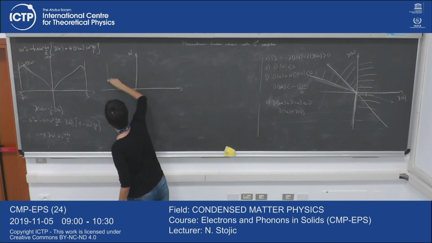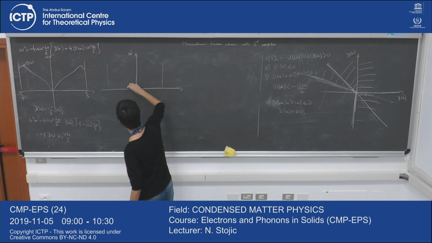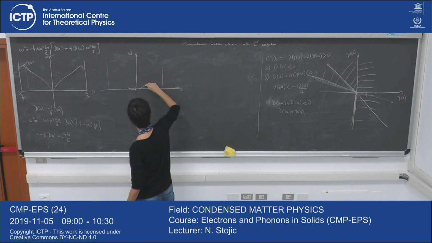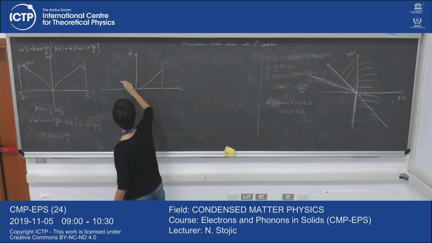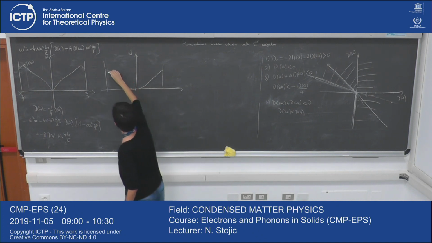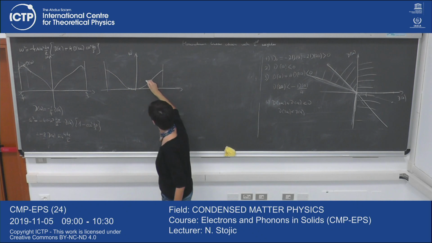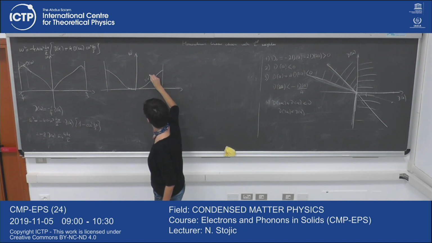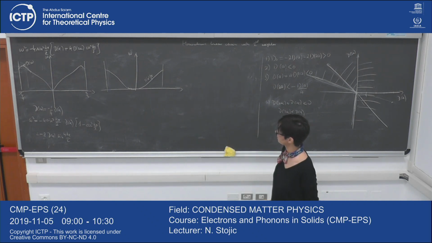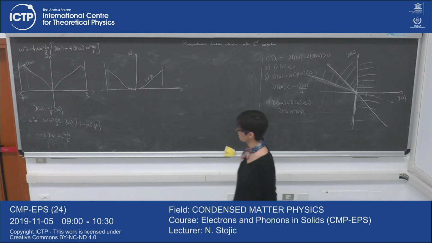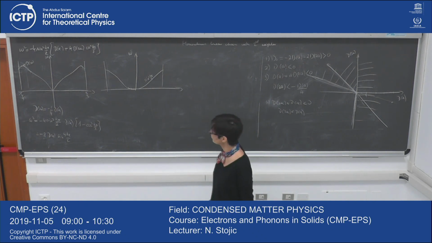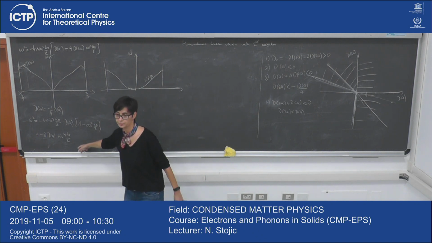So what it has is a much shallower dependence around 0. This is like sine squared, not linear at k equals 0, because it's k square.